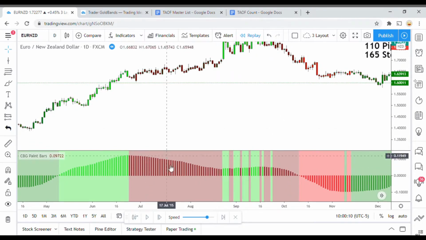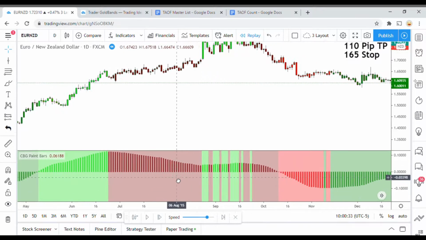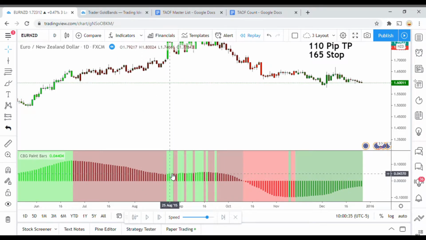So you can see as an example right here, there was a zero line cross. You can see that it goes into a light green, giving us a buy signal. Then you can see up here at the top, as the histogram rolls over and starts to slowly decrease, it goes into a maroon dark red color. And then over here, as the bars pick up again and start to increase, they go back into the light green.